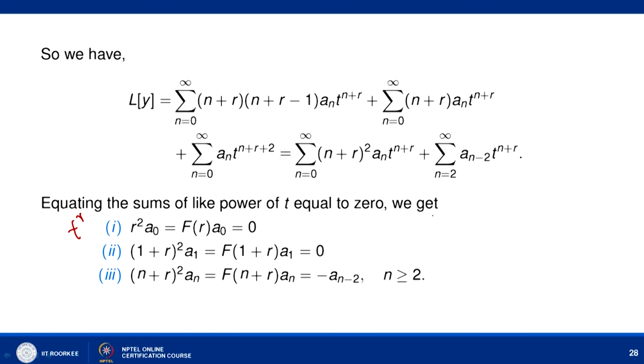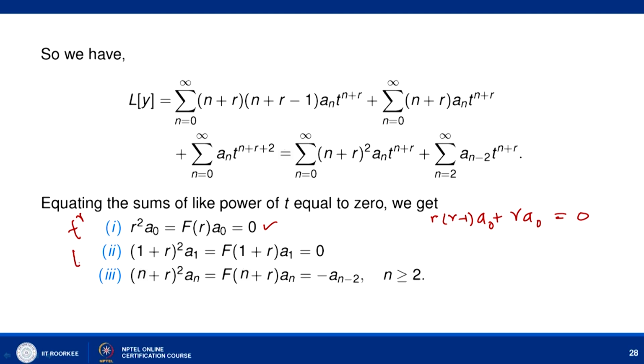There is no contribution from the third term, because if you put n equal to 0 in the third term, then the power is t to power r plus 2. So, we have t to power r and r square a naught, and that is f of r a naught equal to 0.